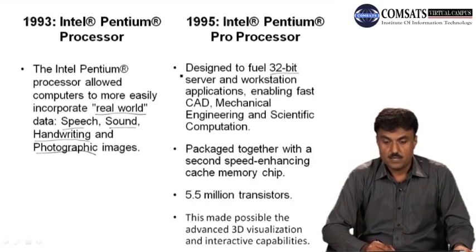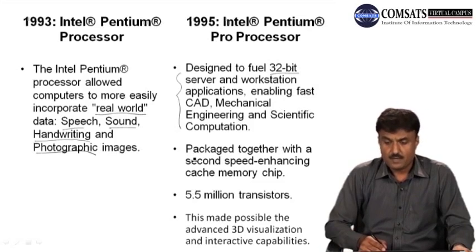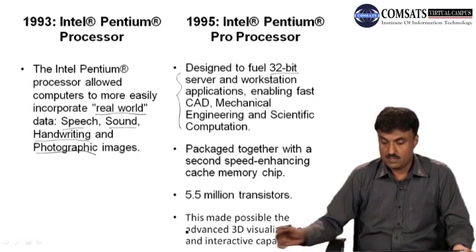It was much more powerful than the Intel Pentium processor, mostly for scientific and computationally intensive tasks. They designed it with those tasks in mind, and packaged it together with a second speed-enhancing cache memory chip, and there were about 5.5 million transistors, and it made possible advanced 3D visualization and interactive capabilities.